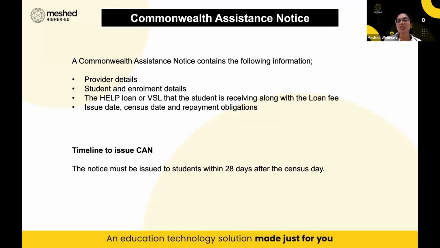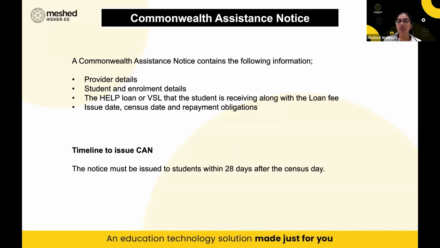The Commonwealth Assistance Notice, or a CAN notice, contains the following information, which includes the provider details, student and enrollment details, along with the HELP loan or the VSL that the student is receiving. This can also include the loan fee, issue date, census date, and any other repayment obligations that apply to the student.